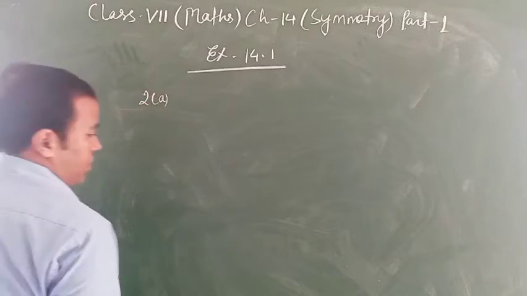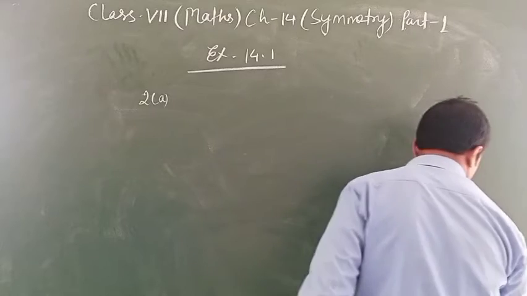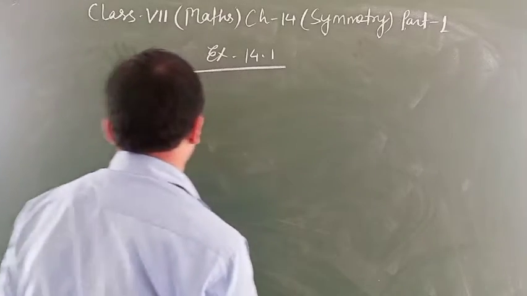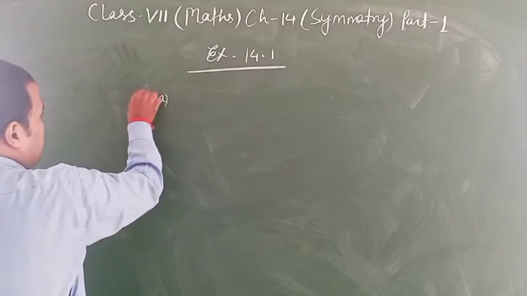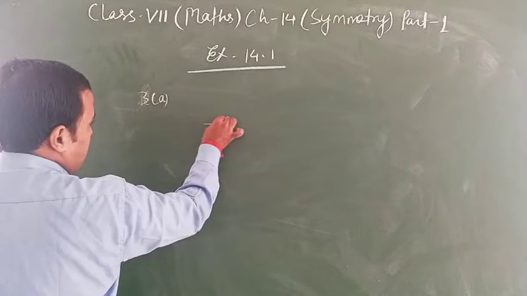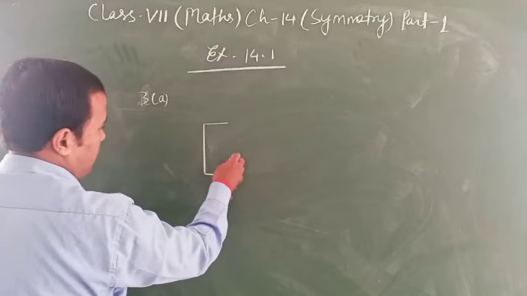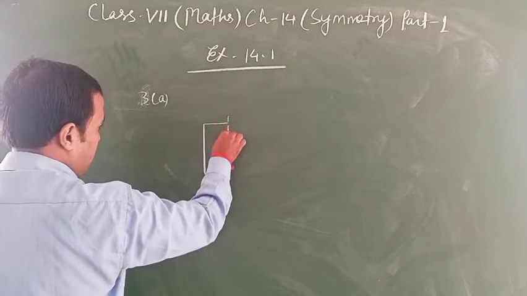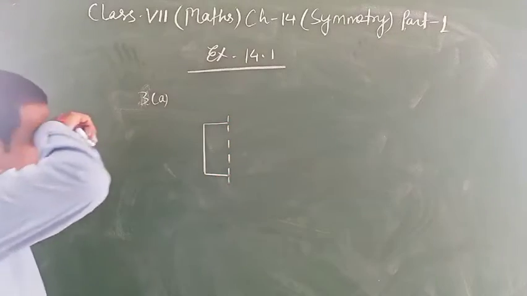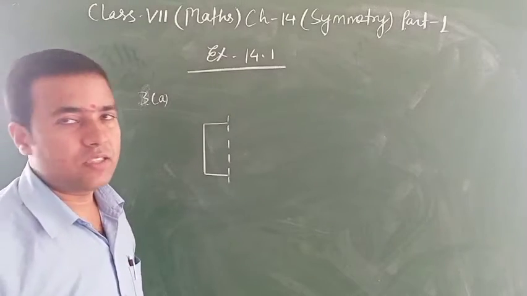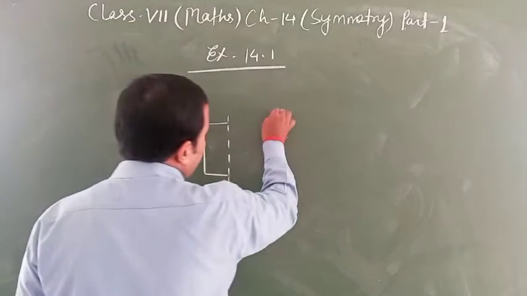Second. Third, question number 3. Clear? Half a figure is given and one line of symmetry is given. So you can complete it.